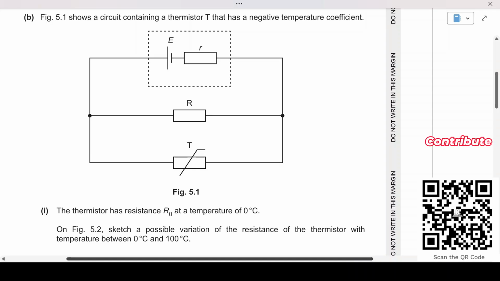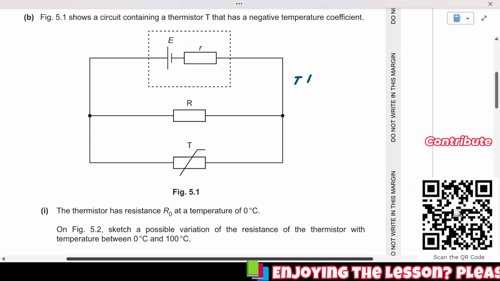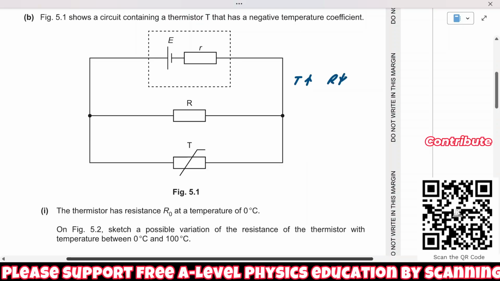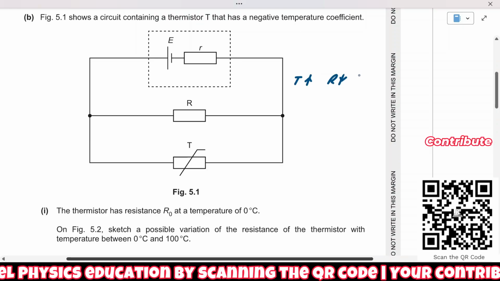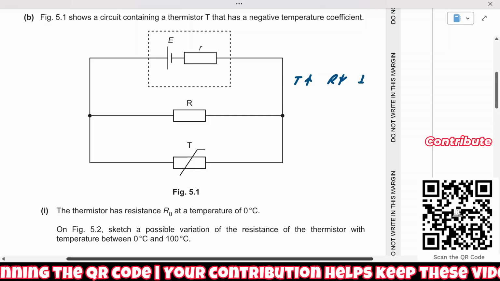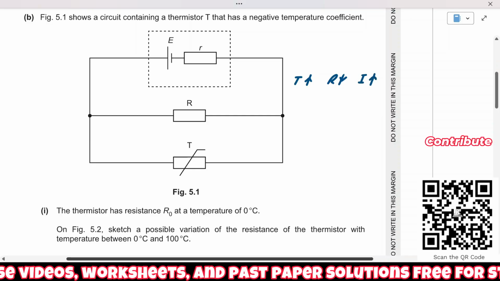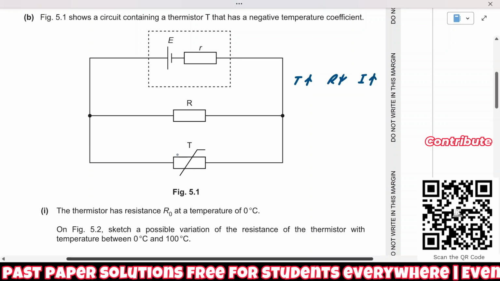Okay, let's start again. For the thermistor, if the temperature increases, the resistance of the thermistor will decrease, and the current flowing through the thermistor will increase. This is what we know. So a thermistor is a variable resistor.